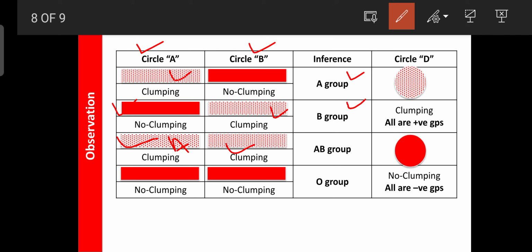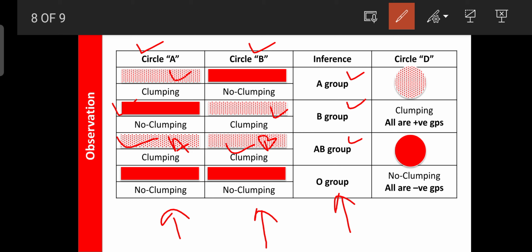Antigen A is present, so it reacts with antibody A, and antigen B is present, so it reacts with antibody B in circle B. Then clumping occurs on both sides, so that blood group is AB. Or if there is no clump in circle A, the antigen A is absent, and there is no clump in circle B, so antigen B is also absent. So that blood group is O.